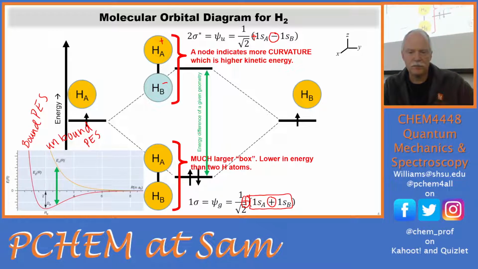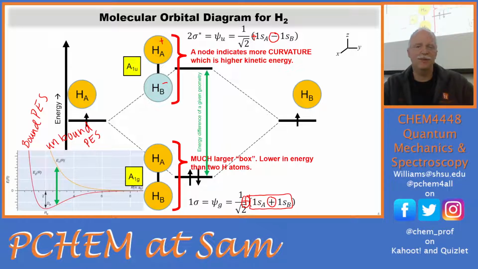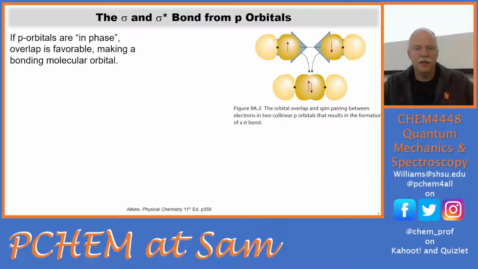So it would just fly apart, okay? And then we can also label the symmetries of these. Using the character table, we could use inversion and the rotational symmetry and so on, and we could assign various Mulliken notations to those, and then we could determine whether x, y, z, or polarized light could cause this transition. So we're going to go back and use some of our electronic spectroscopy stuff and combine it with this MO stuff. So let's look at some of the other kinds of bonds with p orbitals.